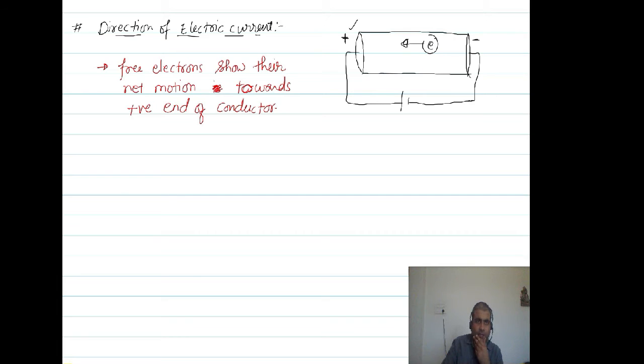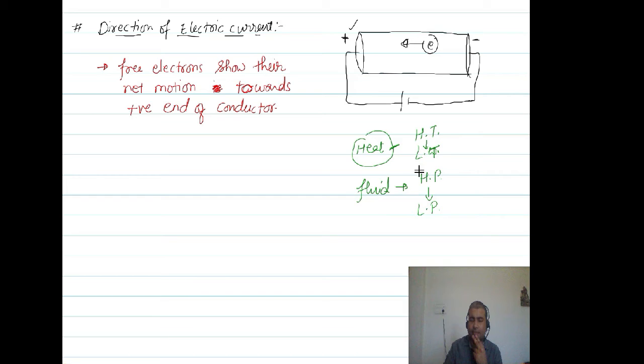Now listen to one thing carefully. As per our convention, when we study heat, heat is the flow of energy, we all know. This energy flows from higher temperature to lower temperature. Heat always flows from higher to lower temperature. In the same manner, if we have flow of water or flow of any fluid, this flow is in the same manner, higher pressure to lower pressure.